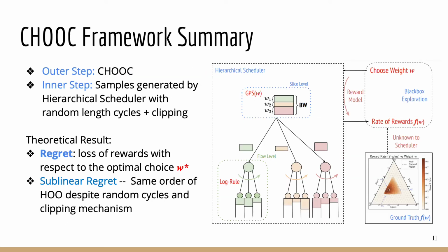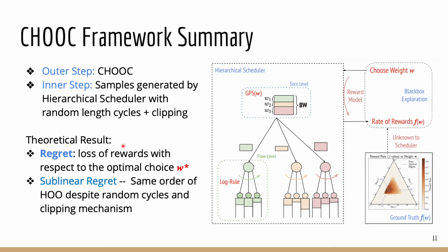To summarize the whole CHOOK framework, in the outer step here, the black box optimization step, we apply the CHOOK algorithm for weight selection and the estimation update for function f. Then in the inner step, we generate samples by running the hierarchical scheduler with random length cycles plus clipping.